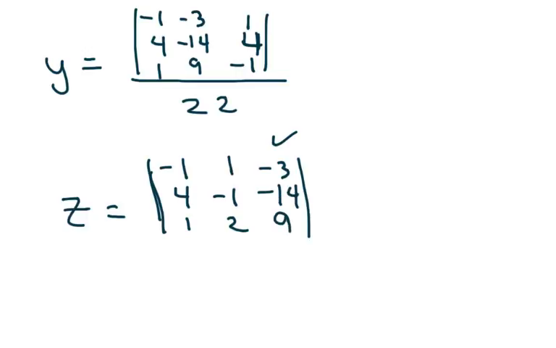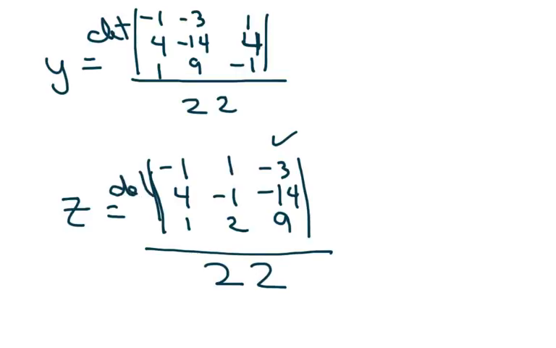And then you just take the determinant. This is all over 22. All right? And that is how you do Cramer's rule. Especially when you're doing the determinants of these, you can also do it in the calculator, which makes it a little easier.